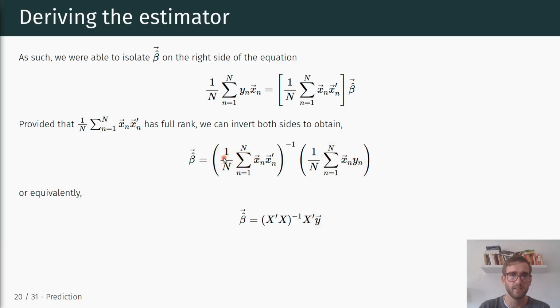The 1 over n, of course, can be dropped. Ultimately, this is 1 over n divided by 1 over n, right? So it disappears. And this is the one equation that you have to remember to compute OLS: x prime x inverse x prime y. Okay.